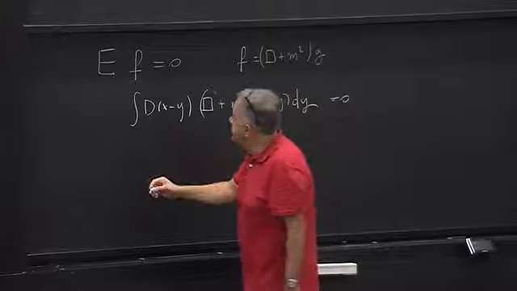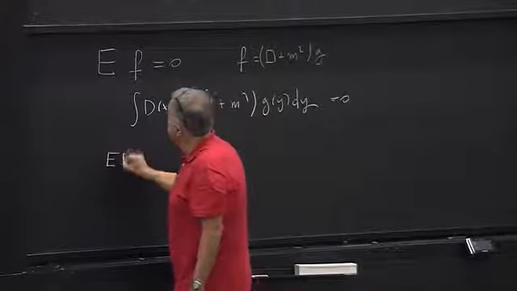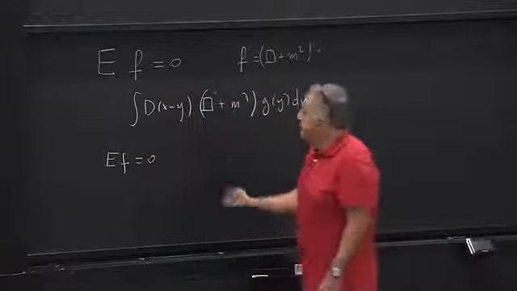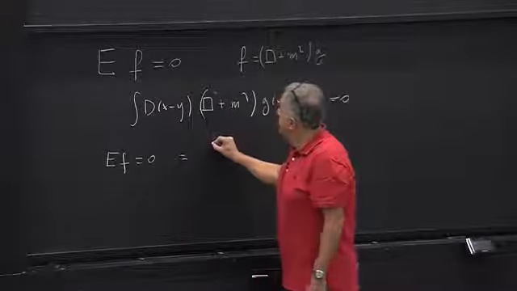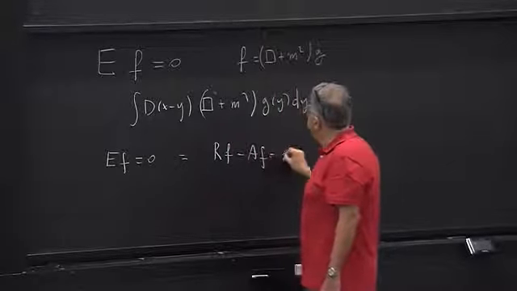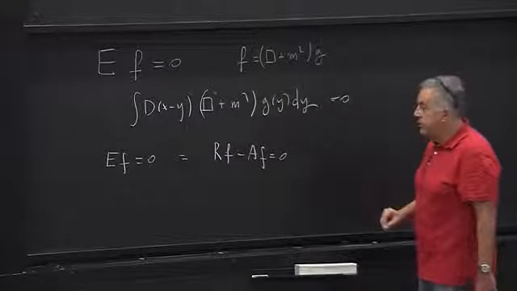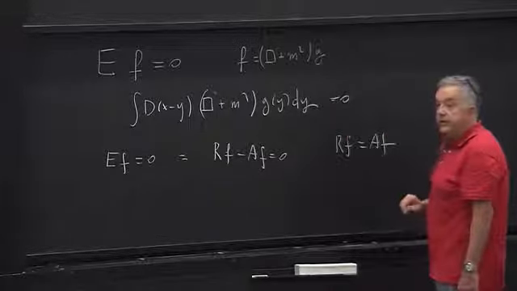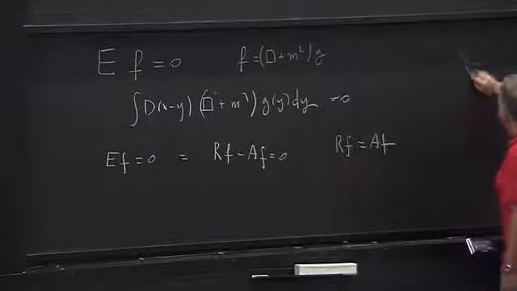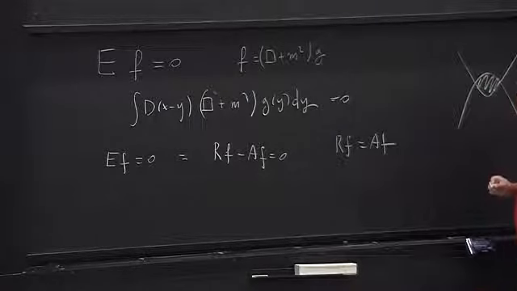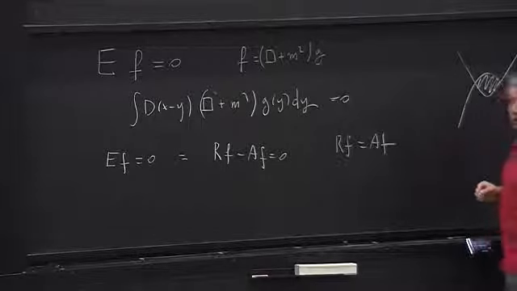The converse: suppose EF is 0, which means that RF minus AF is 0, means that RF equals AF, and this is only possible if both RF and AF have compact support.